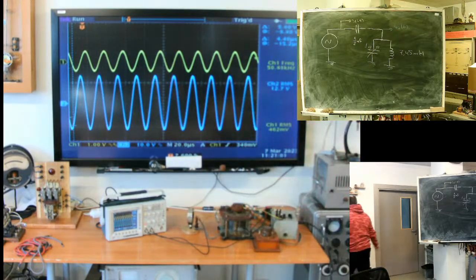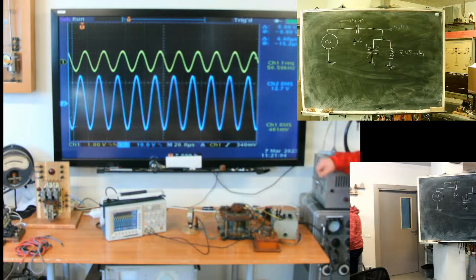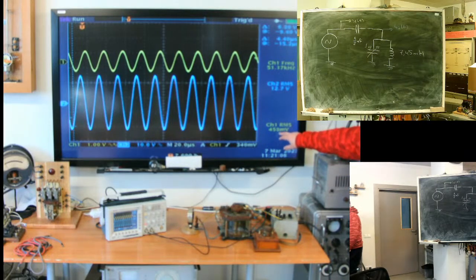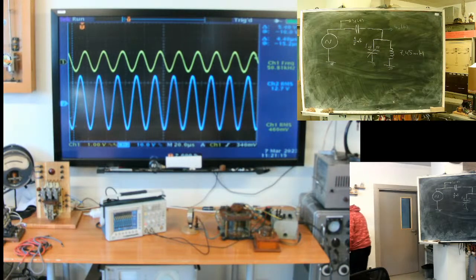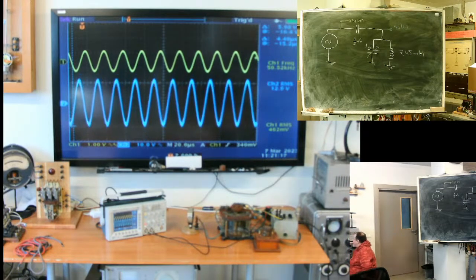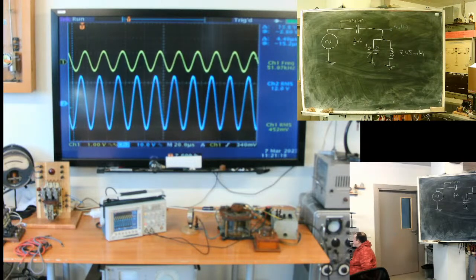Look what I got. Input, half a volt, 460 millivolts. Output, 12.7 volts. Yeah, 12.7 volts.